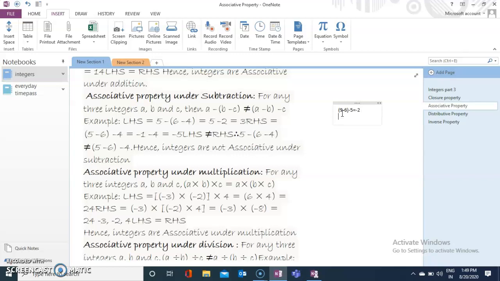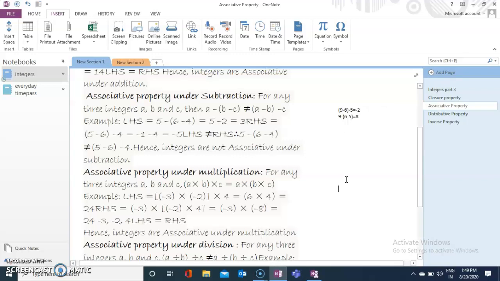But if I write 9 minus, brackets open, 6 minus 5, brackets close, it is equal to 8. Some other answer is coming, so LHS is not equal to RHS.